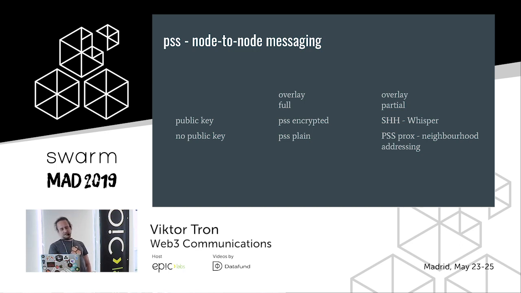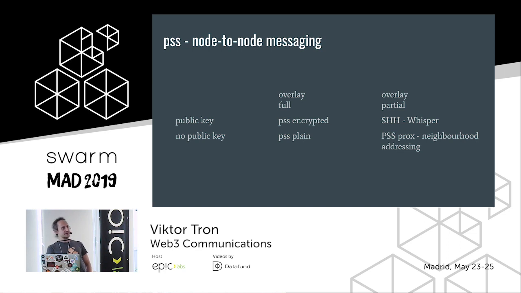If the overlay address of the recipient is fully disclosed, then you can have a direct routed message from one node to another. If the recipient's public key is known to the sender, then you can do encrypted messaging. If it's not known, then plain message.